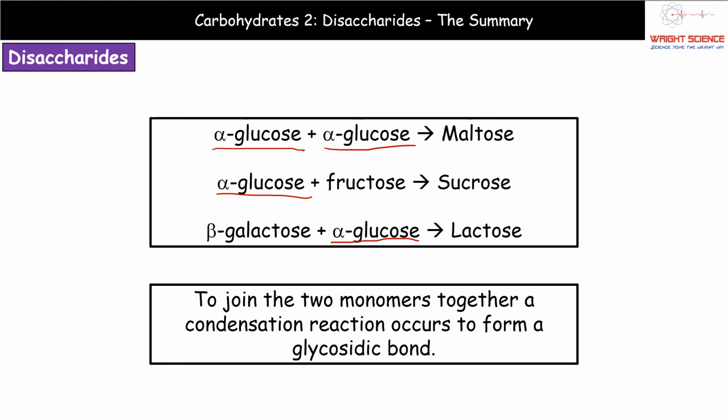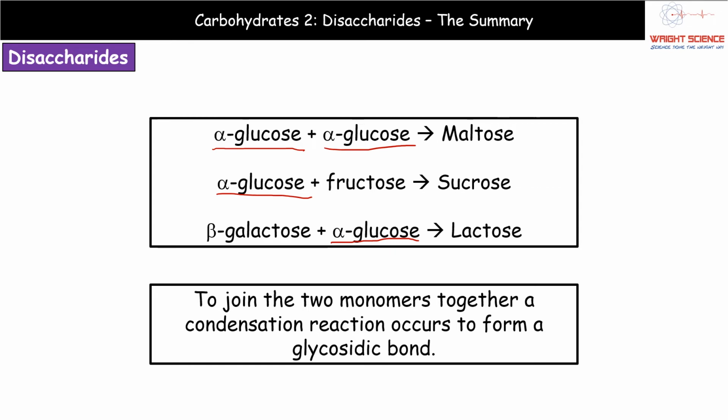The only different ones, we need to chuck a fructose in our sucrose one, and lactose has beta galactose. So realistically, if you really can't remember anything, write down alpha glucose and you're in with a really good chance of getting it right. Better if you know it, but if you can't, it's a way that you can have a decent educated guess.